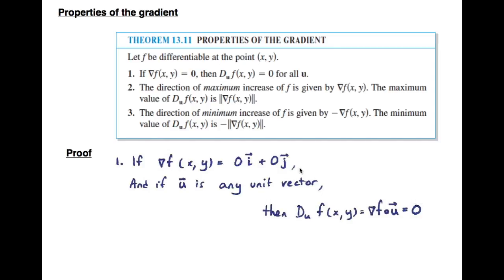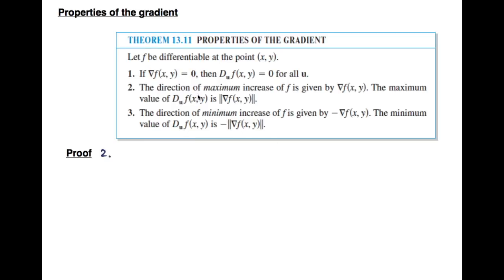The second property is this. The direction of maximum increase of f is given by del f, and the maximum value of the directional derivative is the magnitude of the gradient. So we've said that a few times, now we're going to prove it. Given that the directional derivative is the dot product of del f and u, we can use the definition of the dot product.